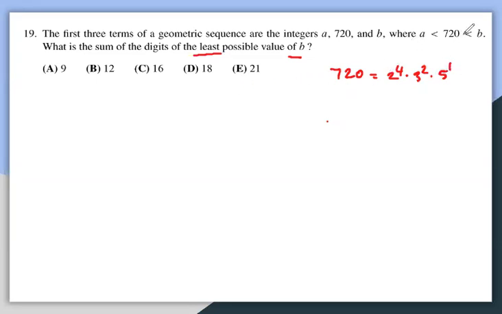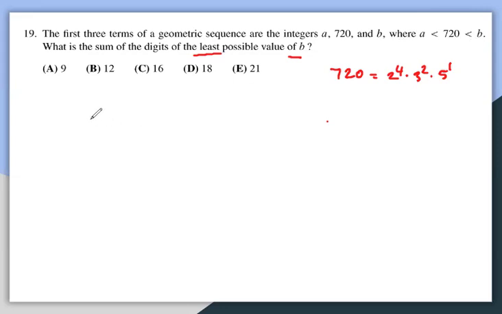Another thing we need to remember: when you have three consecutive terms in a geometric sequence, the middle term is the geometric mean of the previous and the next term. This also works as long as the middle term is an equal number of spaces away from each number, so it doesn't have to be consecutive.